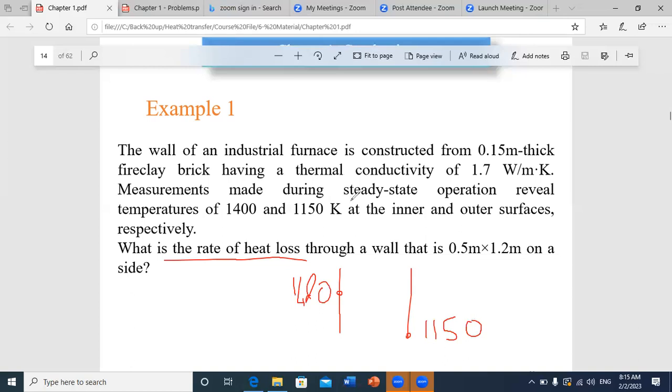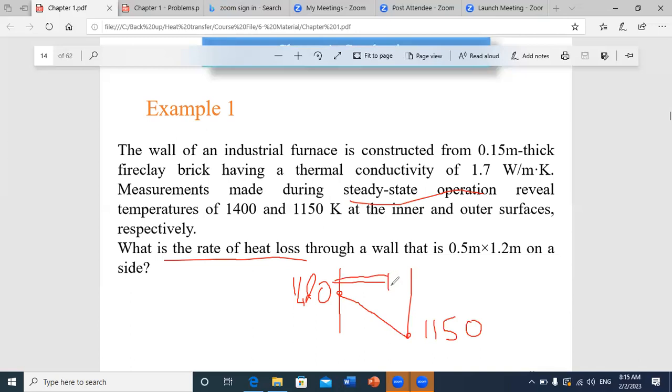Because they told you it's a steady state operation and you don't have any generation of heat within your wall, you can directly say that the temperature variation inside your wall is linear. And of course, your heat flux will go from the largest temperature side to the smallest temperature side.